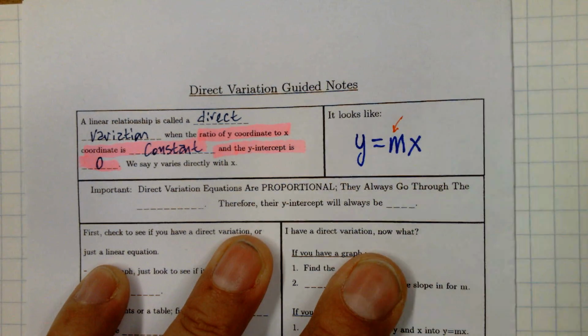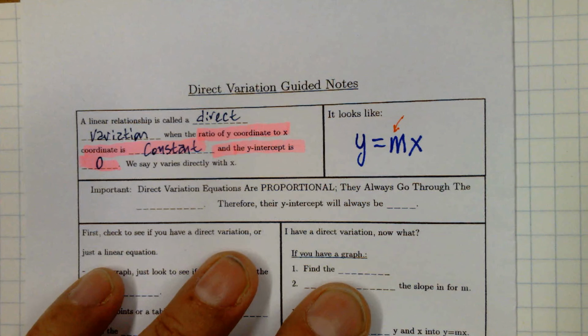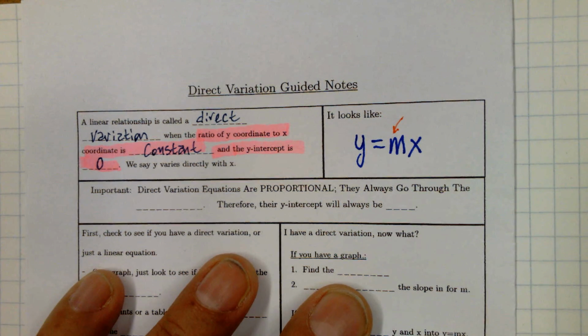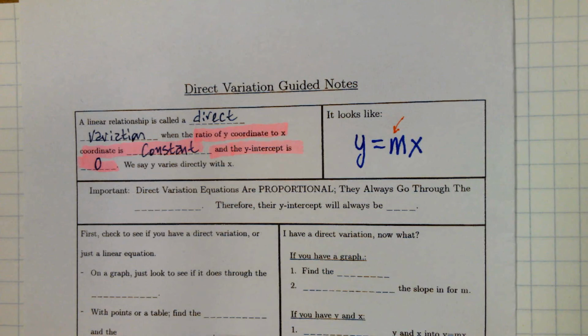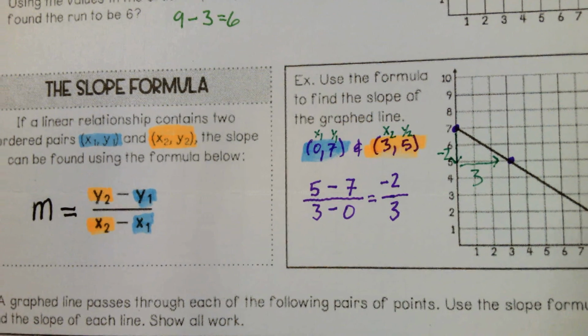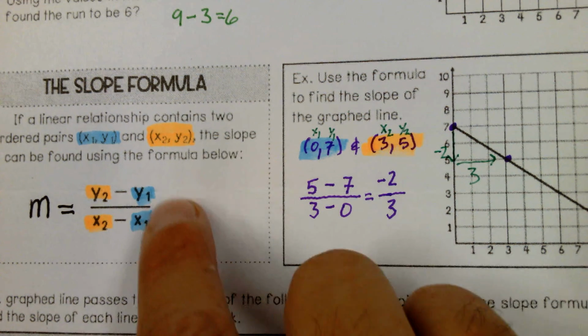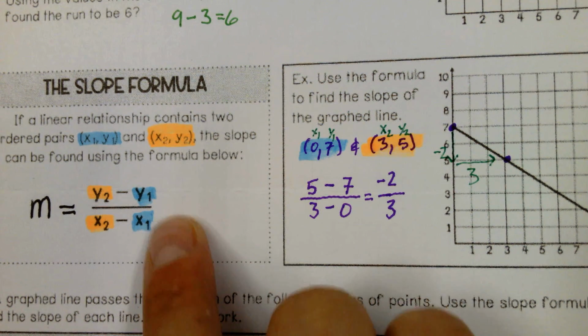What do you think this m is? You remember what we called m when we were doing the slope formula? Go to the notes for the slope formula for a minute. So we use the variable m to represent what? Yeah, the change in y values over the change in x values.